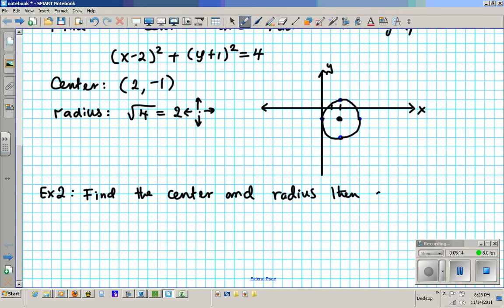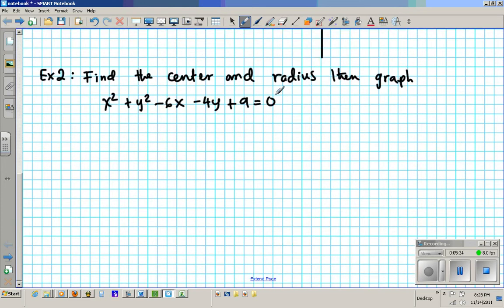Okay? Alright. So let's look at x squared plus y squared minus 6x minus 4y plus 9 equals 0. So this is the equation that we're going to be looking at.